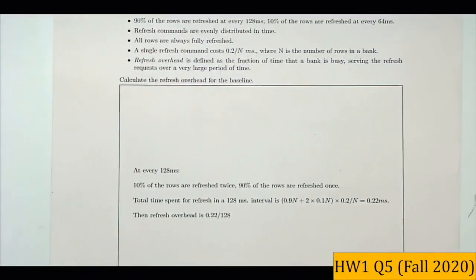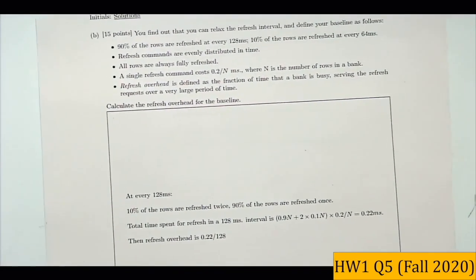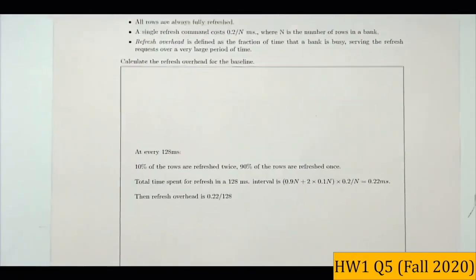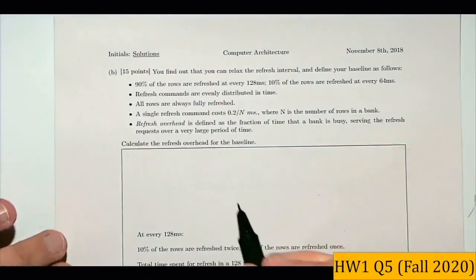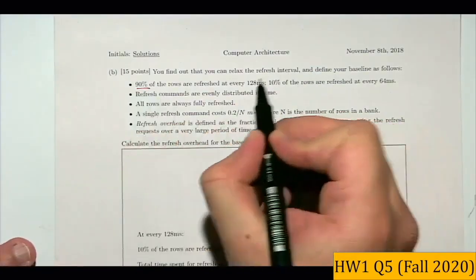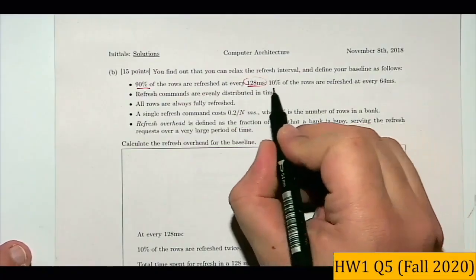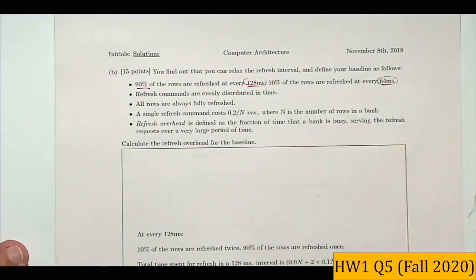Based on this observation, we need to understand what the benefit is in this paper. For that, we need to come up with a good baseline, right? In our baseline, 90% of the rows can be refreshed every 128 milliseconds, and 10% of the rows need to be refreshed at 64 milliseconds, right?